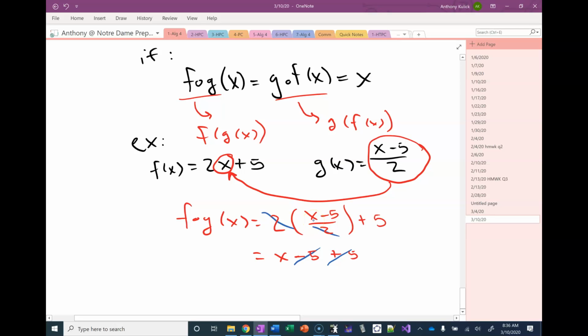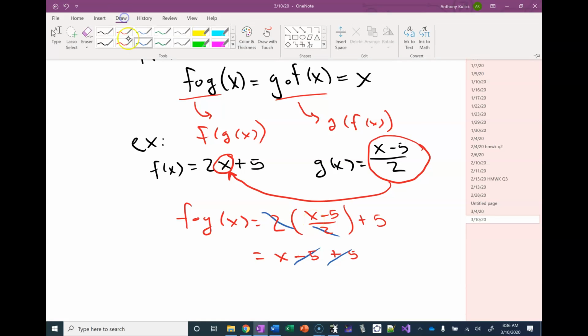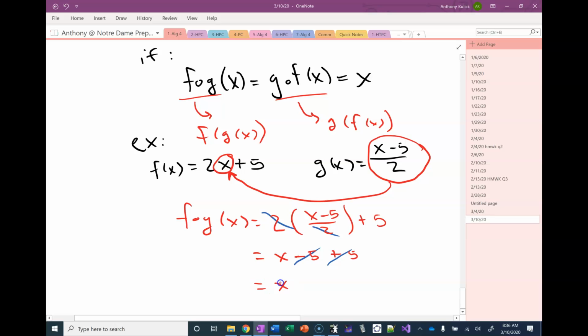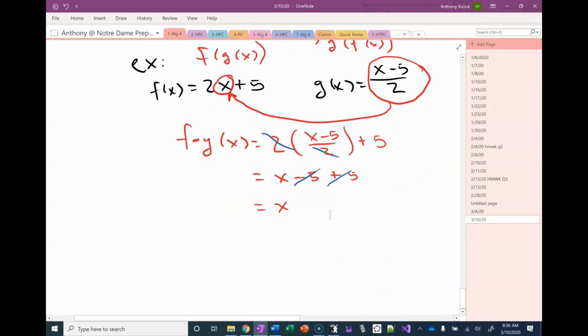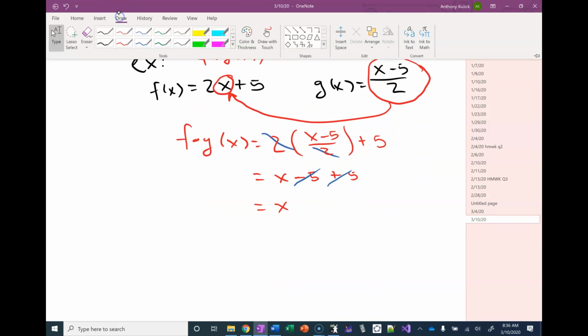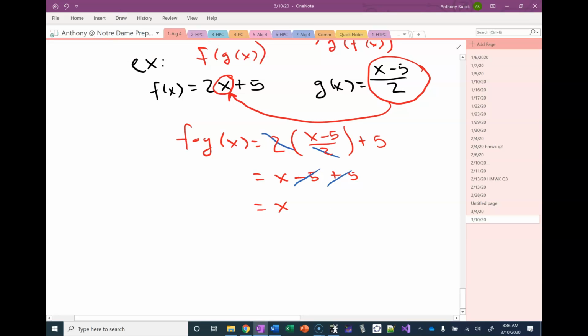Yeah, the minus 5 and the plus 5 are going to cancel out. And I'm left with just x, which is what we wanted to show, right? Everybody okay there? Good. All right. So that's how we can determine two things are inverses.